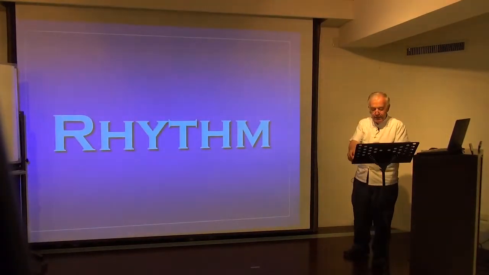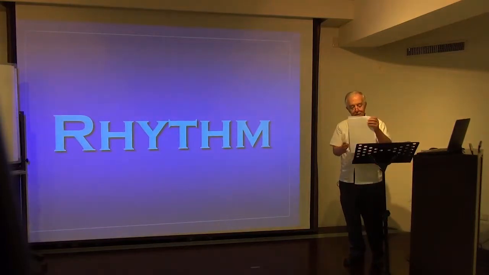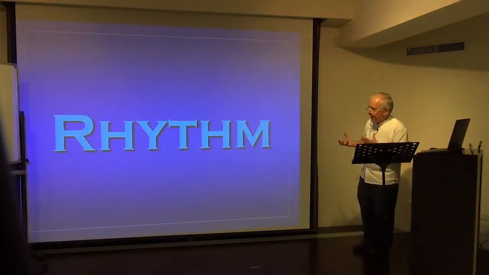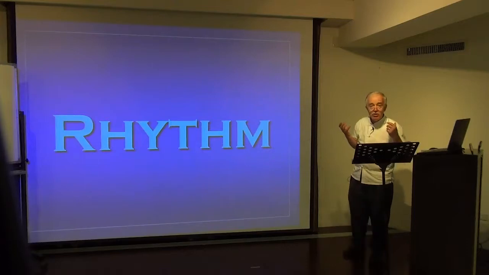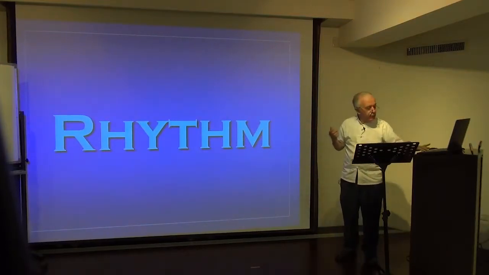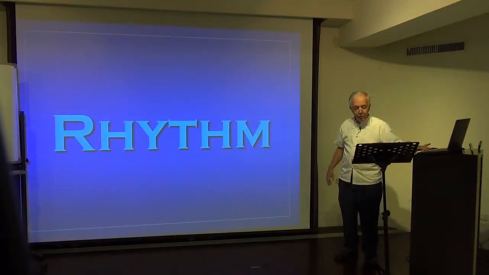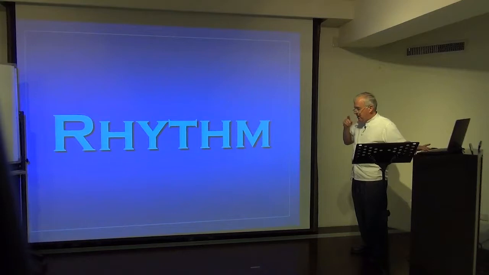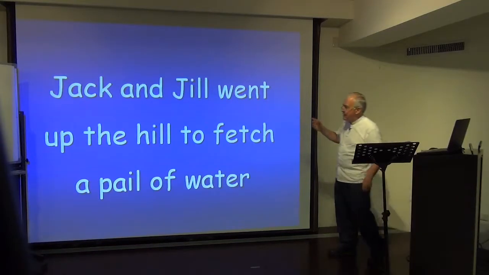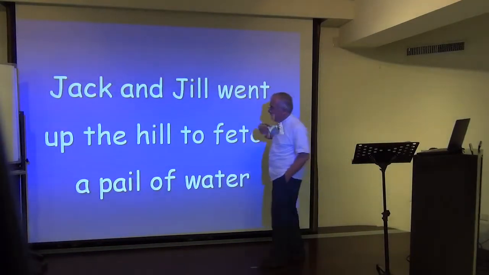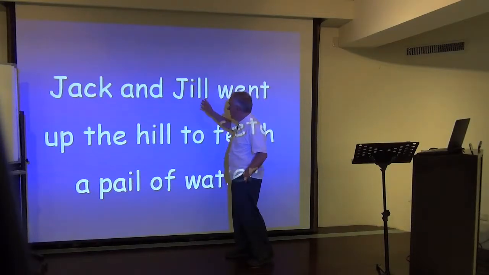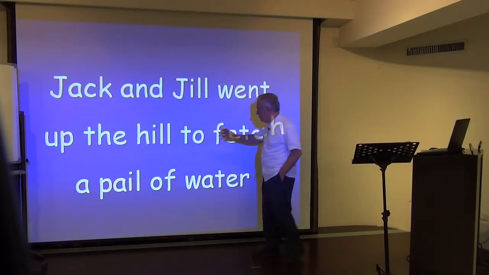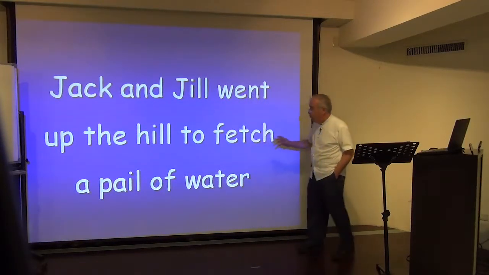Now, finally, let's think about rhythm. The rhythm, the beat of the language. This is actually one of the most difficult things for anyone learning another language to get right, mainly because of the influence of our mother tongue. Let's look at this sentence. For an English speaker, we would say, Jack and Jill went up the hill to fetch a pail of water.